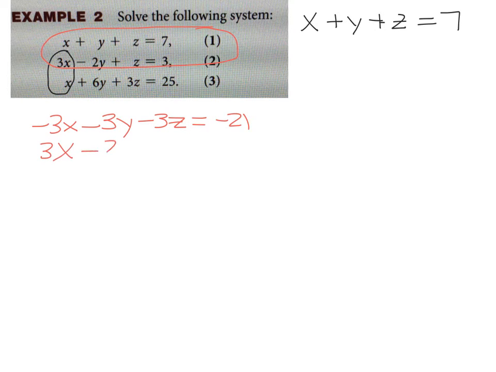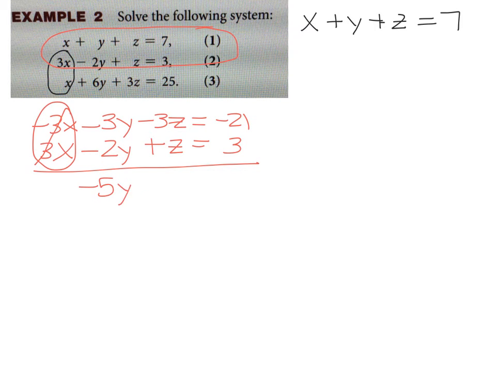Positive 3x minus 2y plus 1z equals 3. When I add those two equations together, my x's eliminate, which leaves me with minus 5y minus 2z equals minus 18. That can be my new row 2.